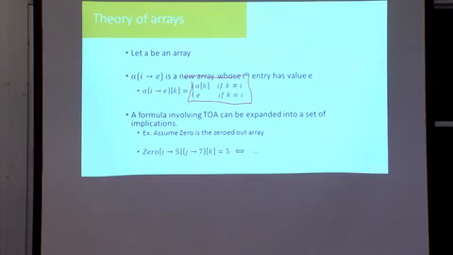But what's important is that by relying on this theory of arrays, using the same strategy we saw to generate formulas for integers, you can actually generate formulas involving array logic and involving array updates, involving array accesses, involving iteration over arrays.